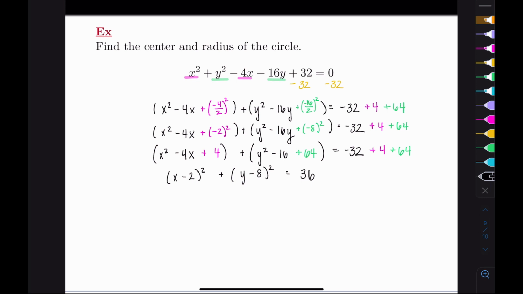So we now have it in our standard form, and I can immediately say the center is at 2, 8. And our radius, remember, is the radius squared here, so we take the square root of 36, which is 6.